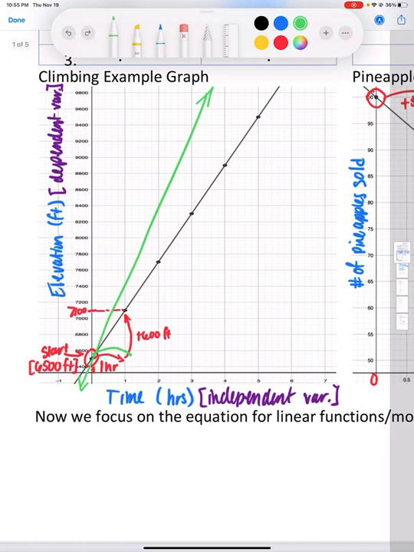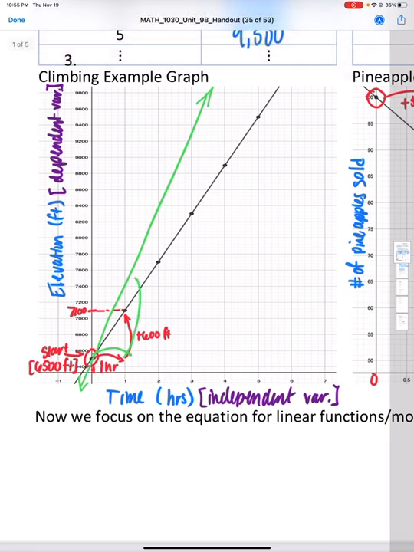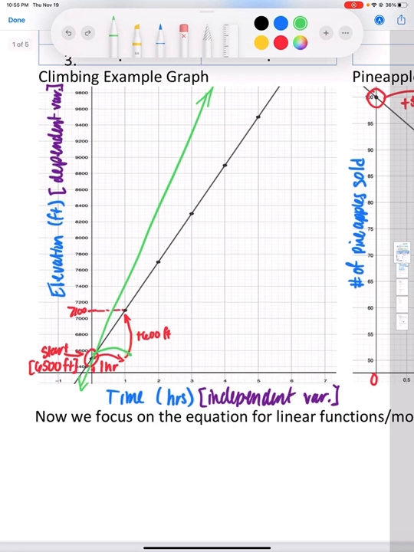From 6,500 feet all the way up to 7,400 feet. So 6,500 to 7,400 is 900 feet.